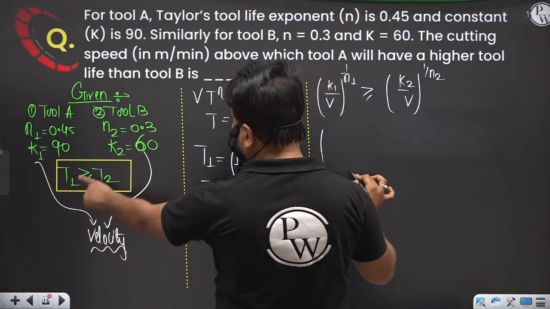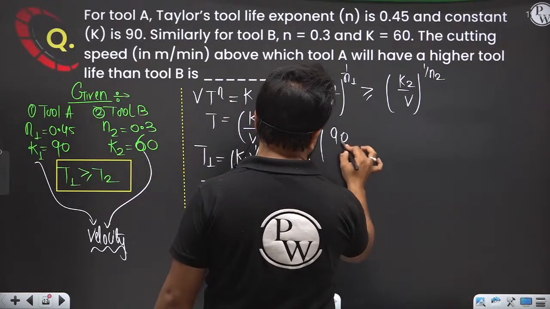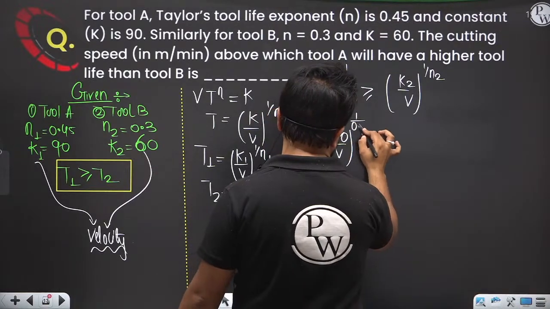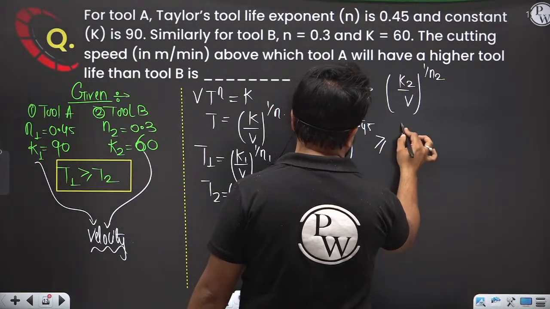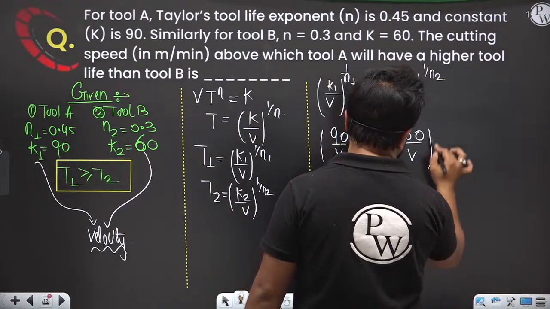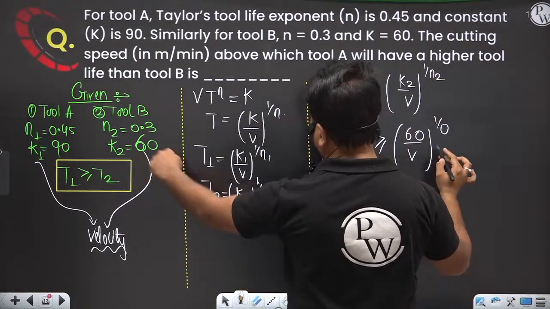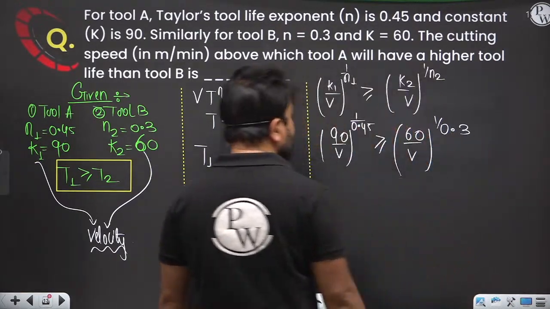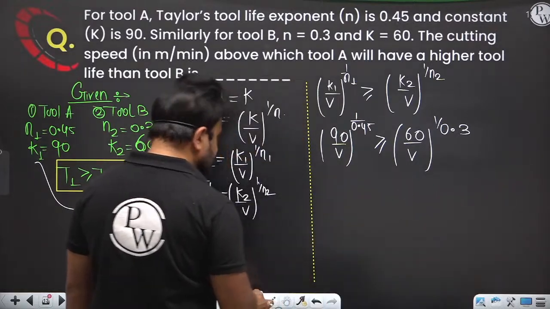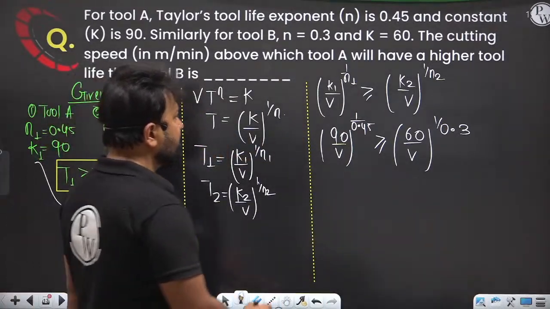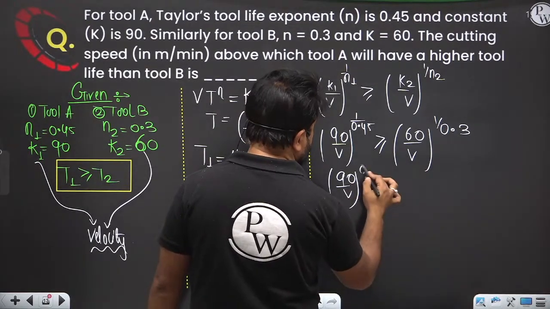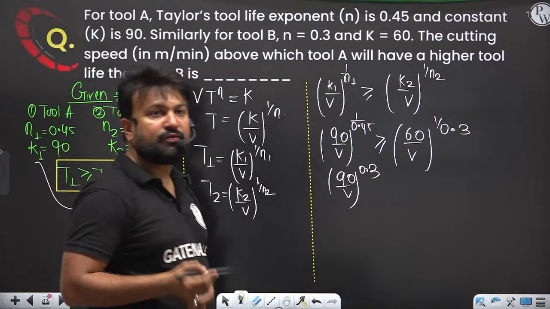My dear, K1 is what? K1 is here, V to the power 1 by n, 5 greater than or equal to 60 divided by V to the power 1 by n. Now if we solve this, we are going to solve the inequality.